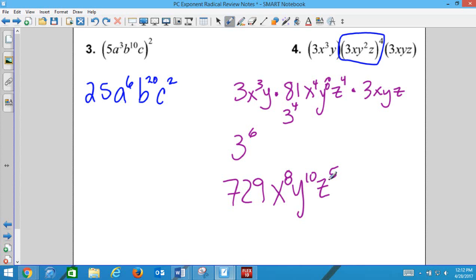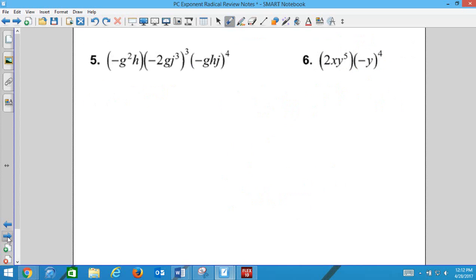And number 5. Order of operations, we're going to do our exponents before we multiply together. The first one's fine. The second one, if we do negative 2 to the 3rd power, what is negative 2 to the 3rd? Negative 8. And then we have g to the 3rd, j to the 9.